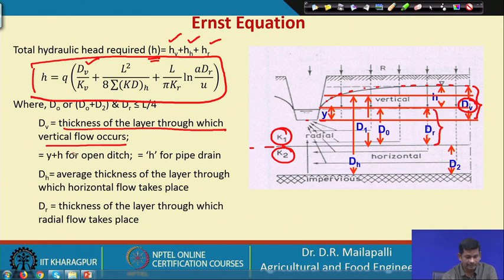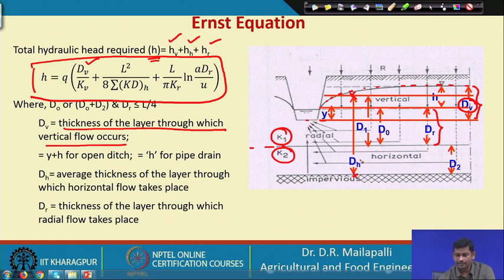The horizontal flow, dH, concentrates in both layers, k2 and k1, from this point to this point.